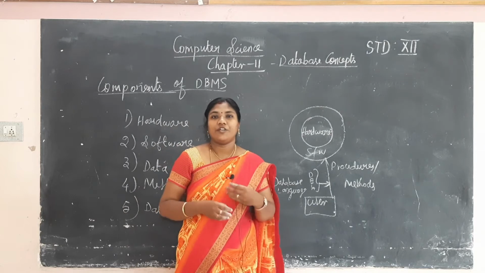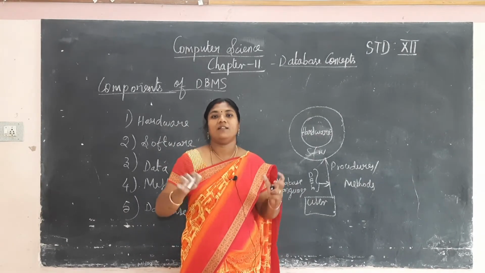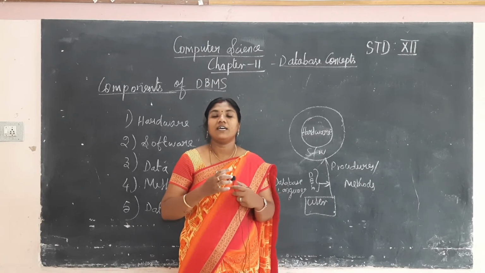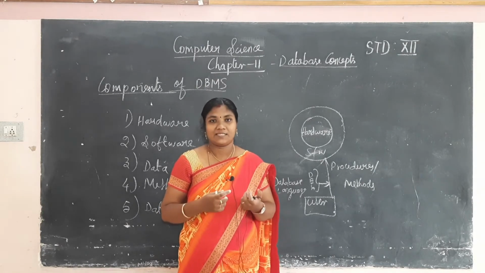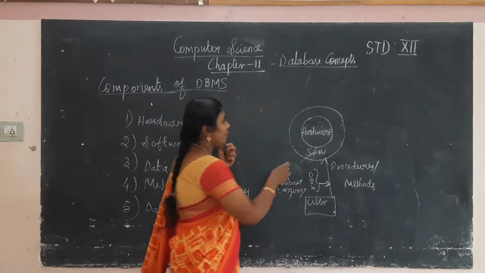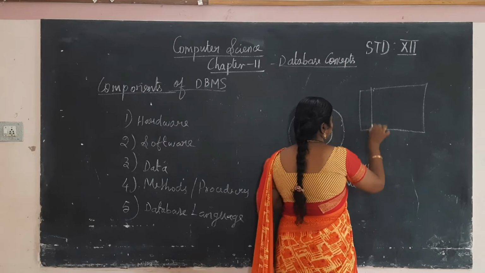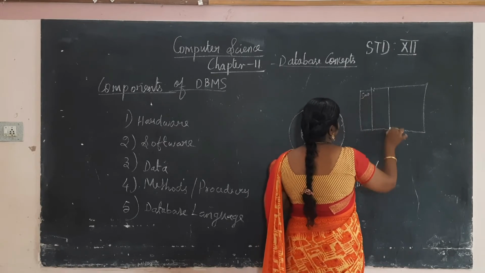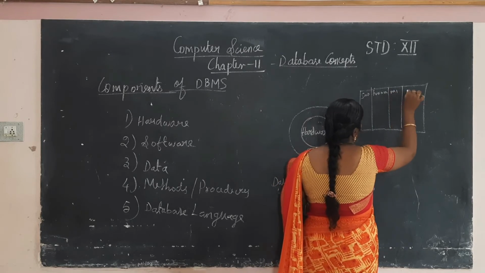So next we are going to see how the table is represented in a database, how the table headings and the table data are represented. Okay. So you know very well, if you have a table like this: serial number, name, mark 1, mark 2.